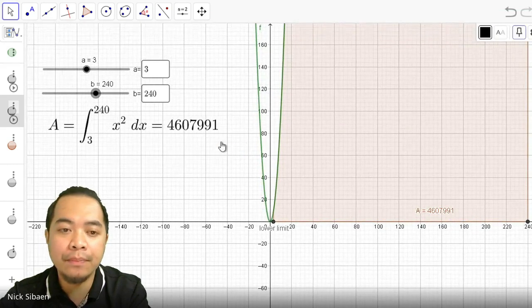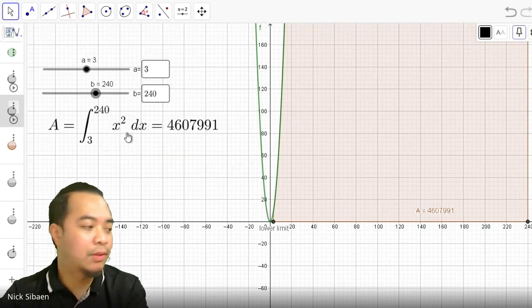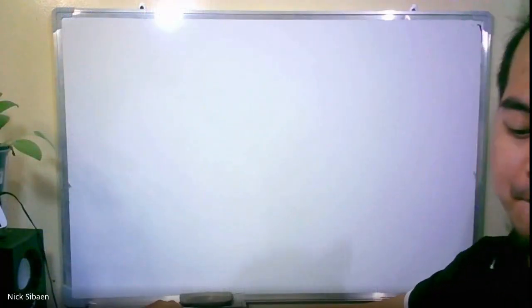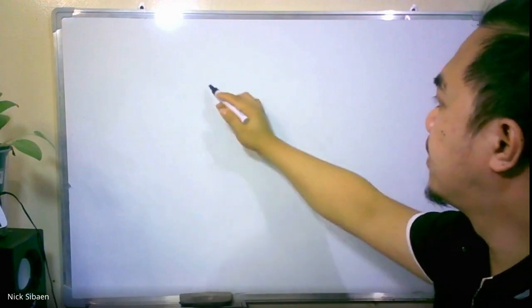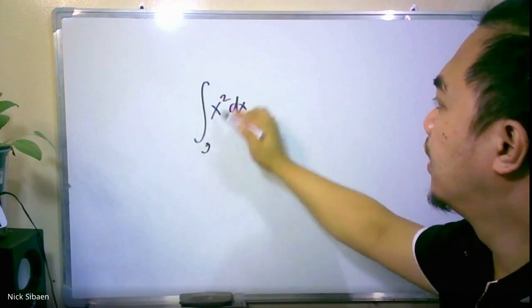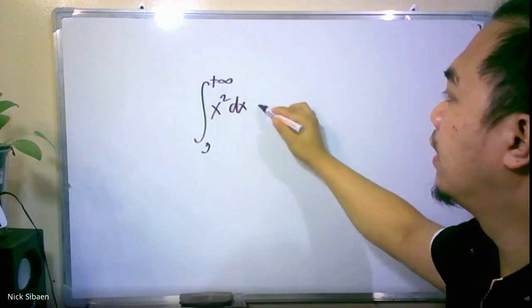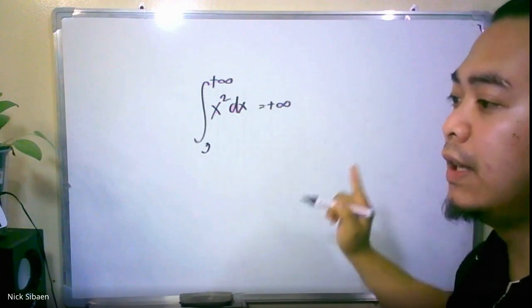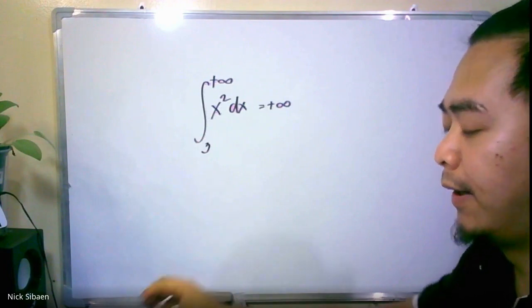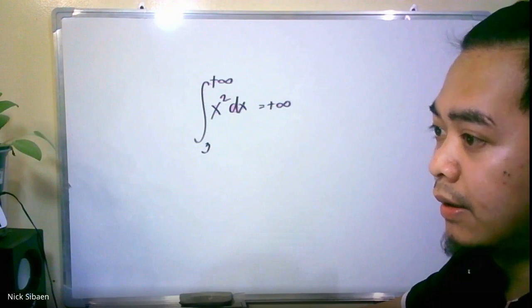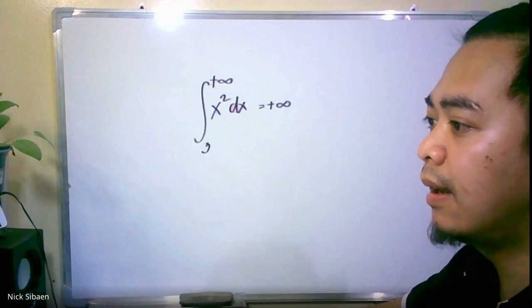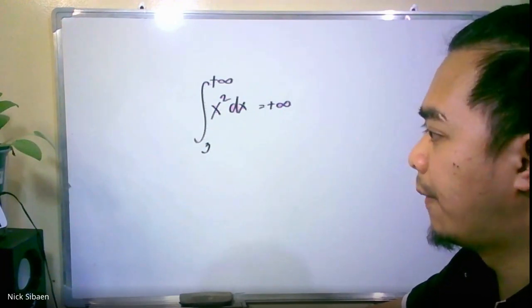Yan. So how should we write that? How should we write this one? Yan. This is actually written as, so our function is x squared dx from 3 hanggang positive infinity, the answer is positive infinity. If we base it on this geometric representation, nakikita natin agad, malalaman natin agad yung sagot kasi nakikita natin yung kaniyang graph.